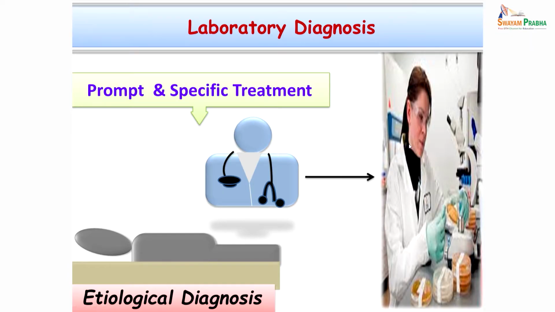However, only making a clinical diagnosis is not going to be sufficient because the etiology is not going to be established by then. Establishing the etiological diagnosis is possible by doing the laboratory diagnosis, growing the organisms in the laboratory, testing them against antibiotic sensitivity, which forms the mainstay of patient specific treatment so that we will help the patient recover faster.